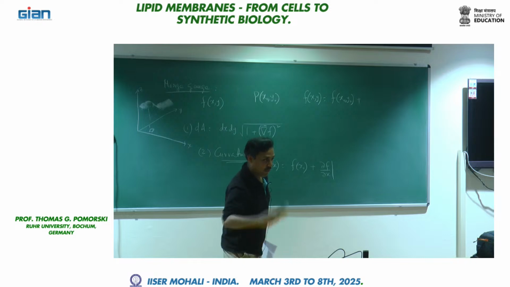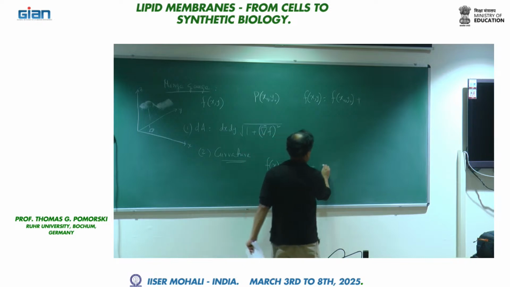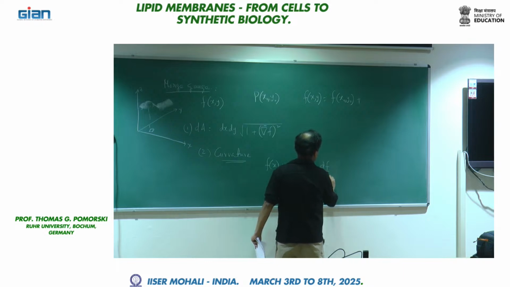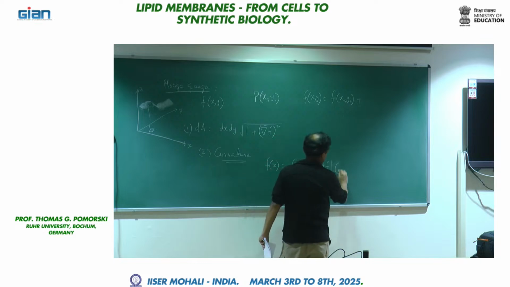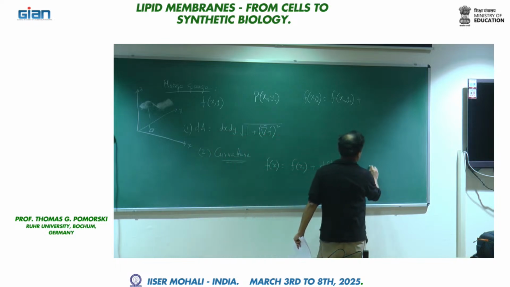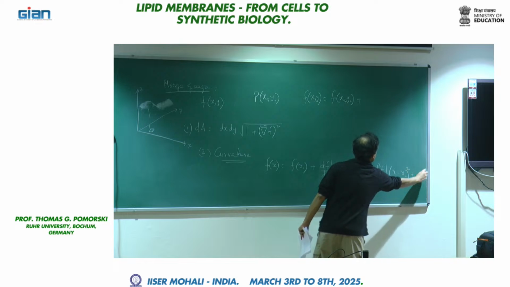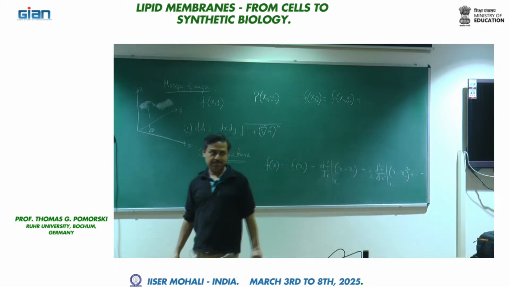Anyway, it doesn't matter. It will just be df/dx evaluated at that point x naught. But now, of course, this is shifted from whatever x naught I'm talking about. And then the next one will be half of d2f/dx2 evaluated at x naught again, times (x minus x naught) squared, and so on. This is how I'm going to do this expansion.